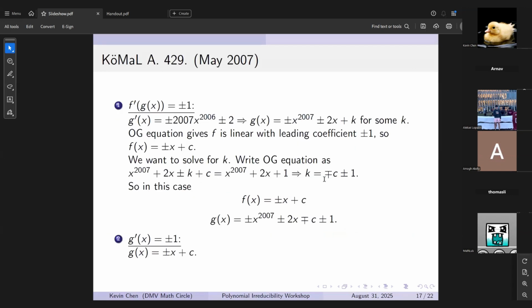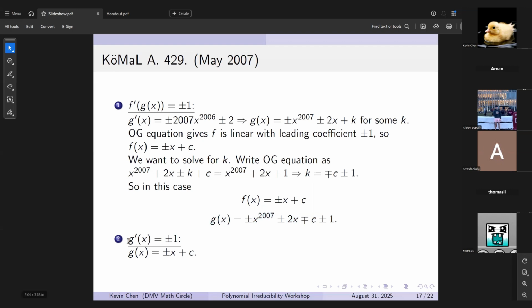And so we get k is equal to minus or plus c plus or minus 1. In this notation, I'm assuming that the two possible pairs are negative c plus 1 and positive c minus 1, so the order of the plus and minuses actually matters. So if we substitute k back into this expression for g, we get this solution pair.